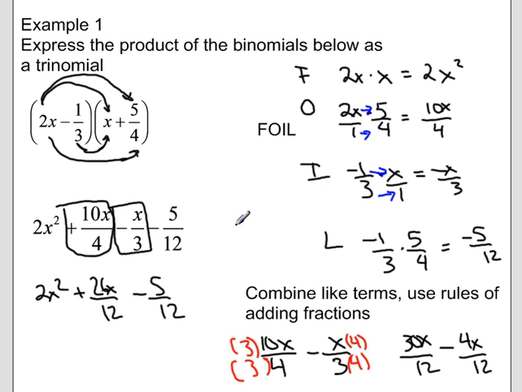So we're using 2. 2 goes into 26 13 times, and 2 goes into 12 6 times. So our final answer is 2x squared plus 13x over 6 minus 5 over 12.